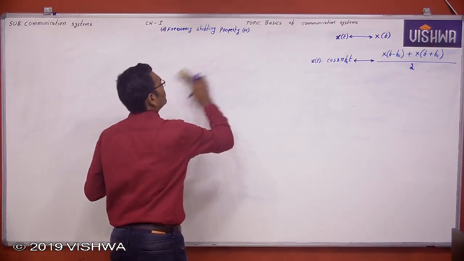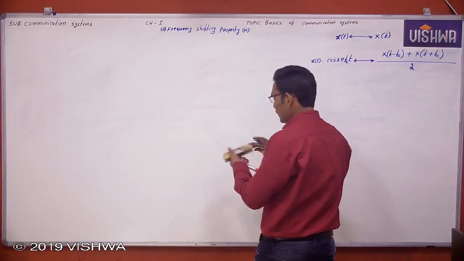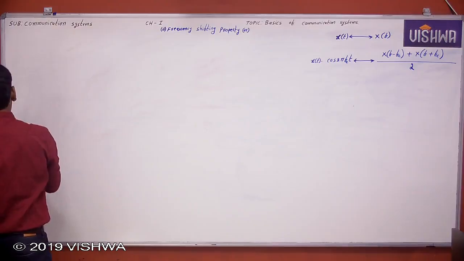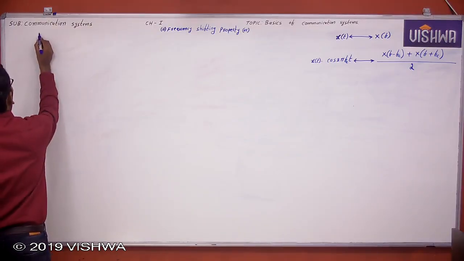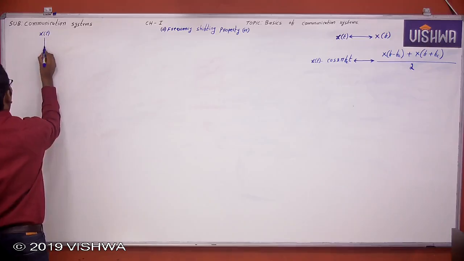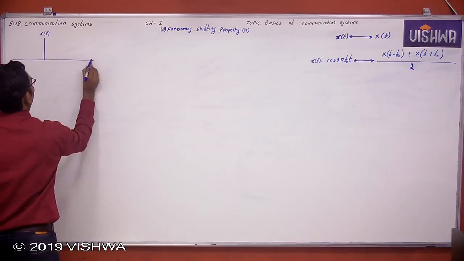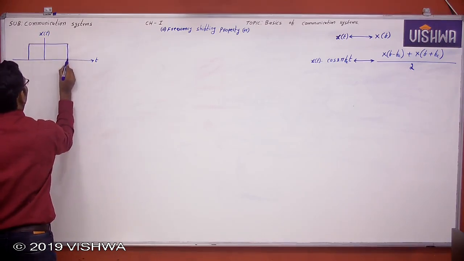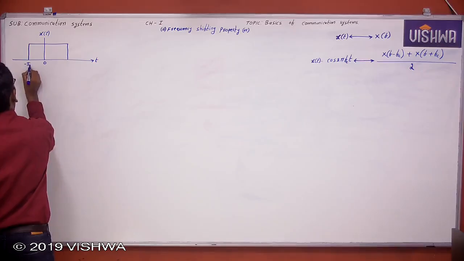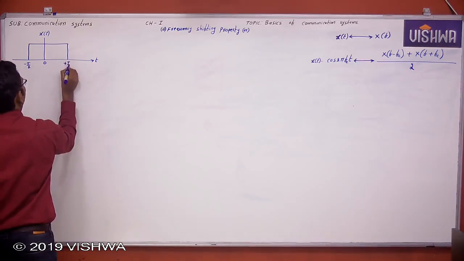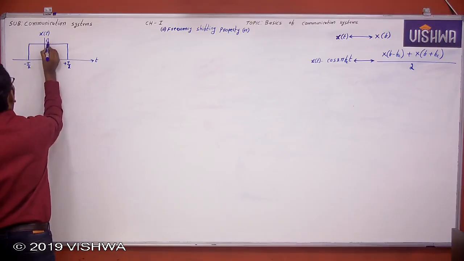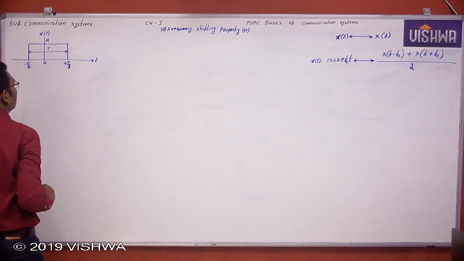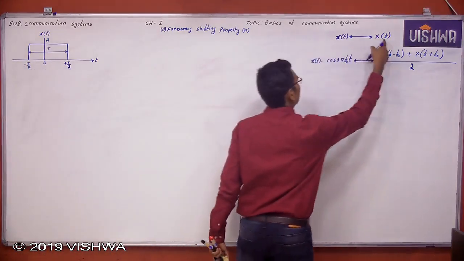Let us take x of t as a rectangular pulse from minus t by 2 to plus t by 2. This is x of t. Now what is x of t's Fourier transform? It is capital X of f.